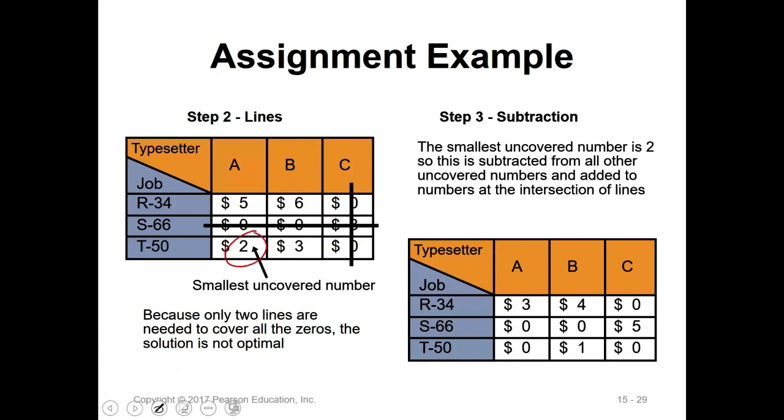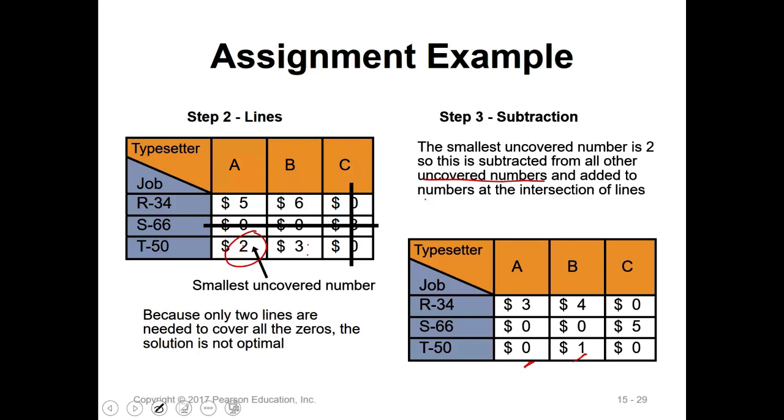So this is subtracted from all other uncovered numbers and added to the numbers at the intersection. So here, these 2 are not covered. You need to subtract. When you subtract, this becomes 0. Here it becomes 1.